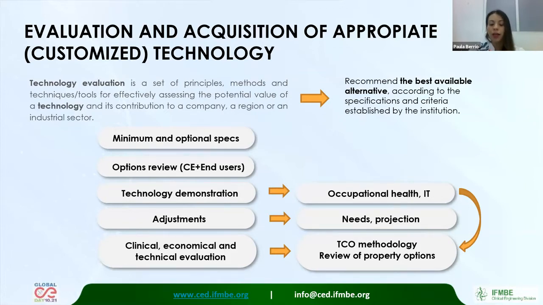Additional to that, we add a specific step of adjustments. So we do economic and technical adjustments based on needs and projections of our institutions. So it led us to diminish costs in our evaluation.